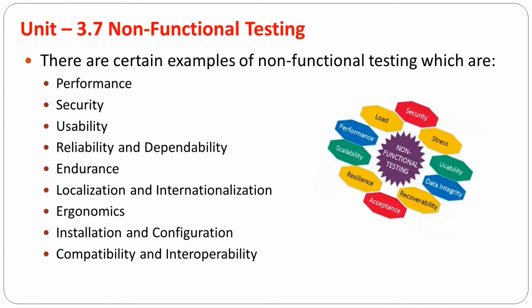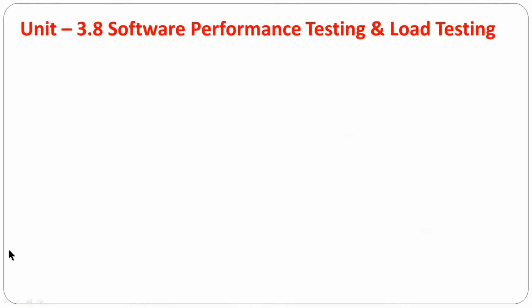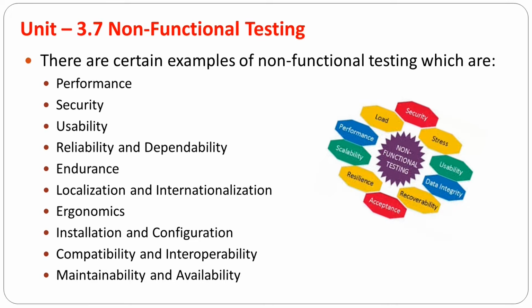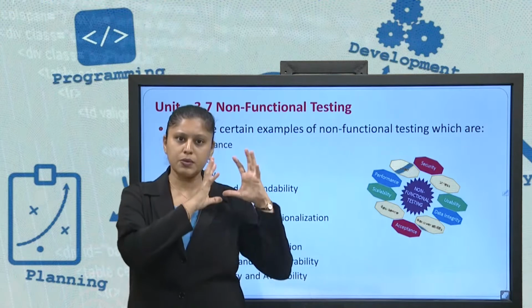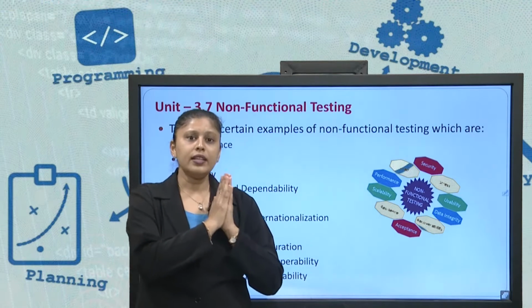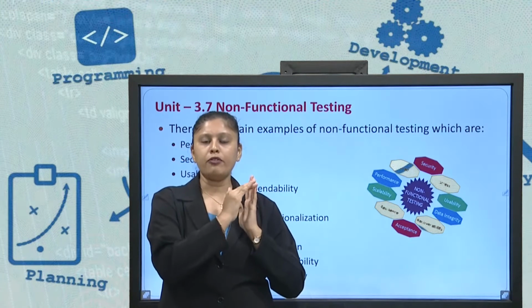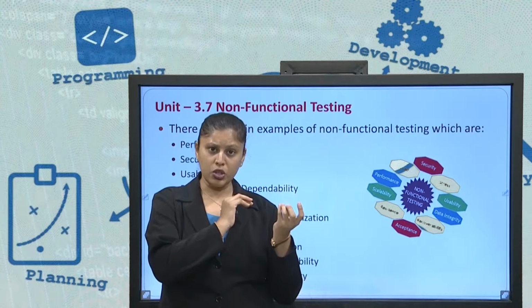Now what it says is that my particular product has certain features. There are certain examples. First is performance. It says that when my particular product is being developed, whether it is meeting a particular performance level or not, whether it is performing well or not.